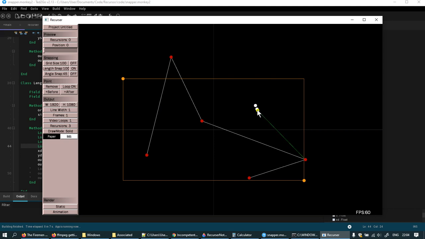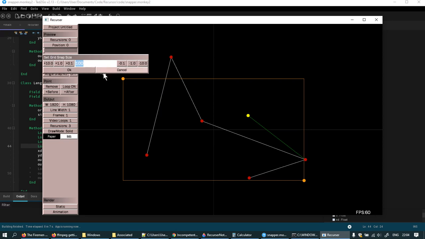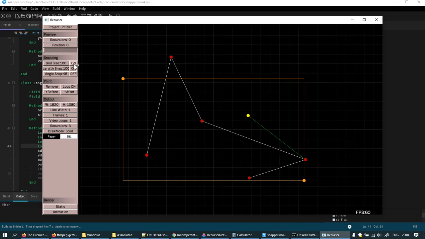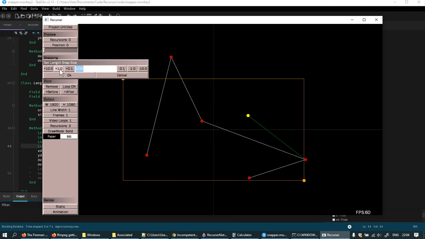What is it I'm being offered? A length from either end. Length snap 100. See, that's pretty small. I'm going to make that bigger. I'm going to make it 500.